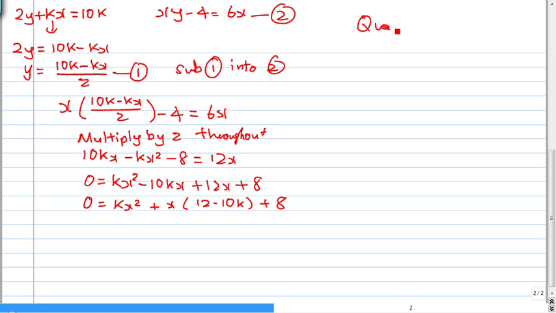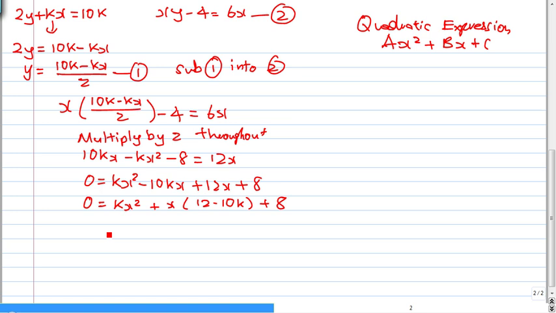Okay, a quadratic expression occurs in the form of ax squared plus bx plus c. Alright, hope you follow. Ax squared plus bx plus c. Okay, can you see the resemblance here?